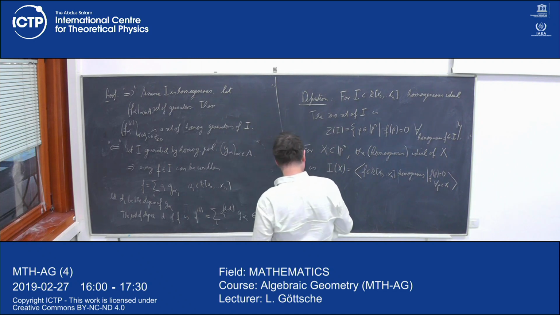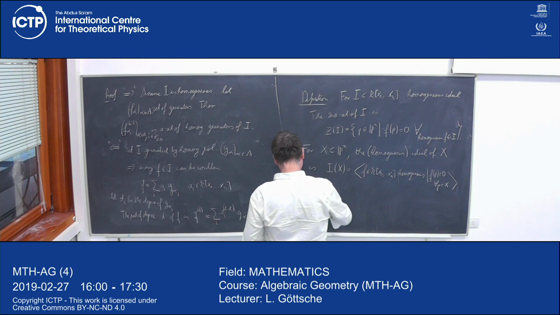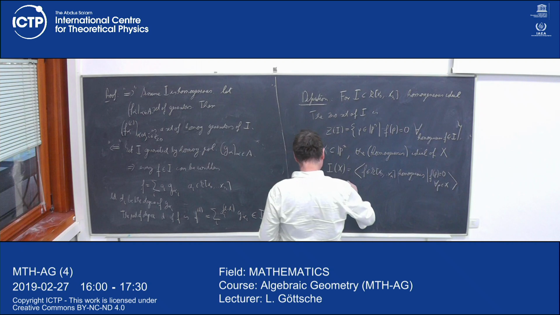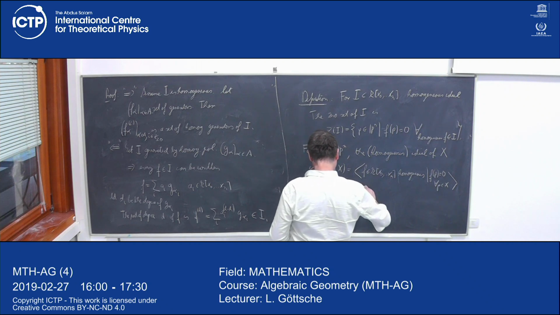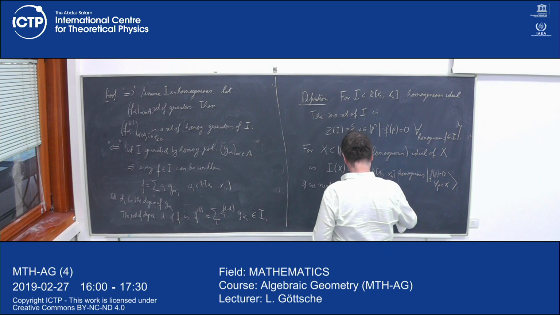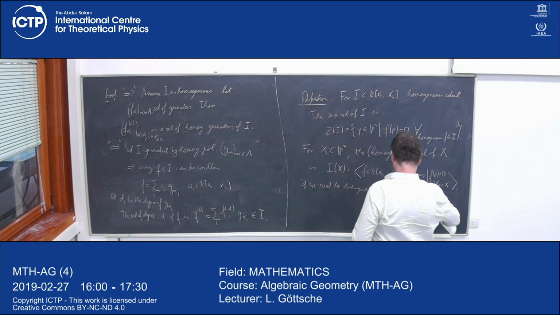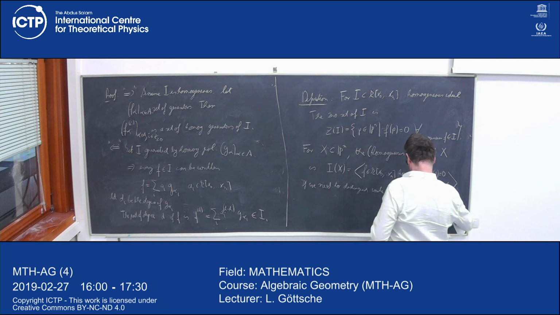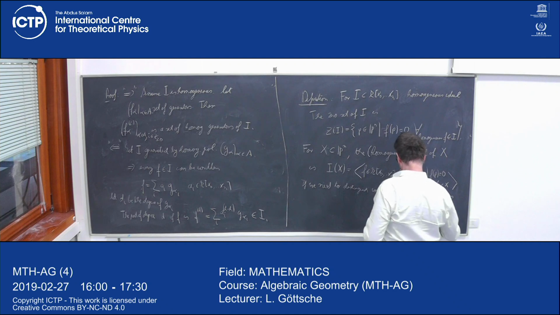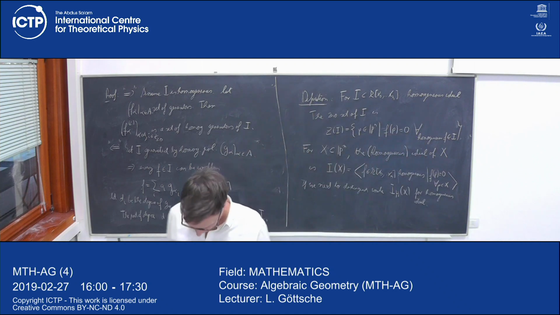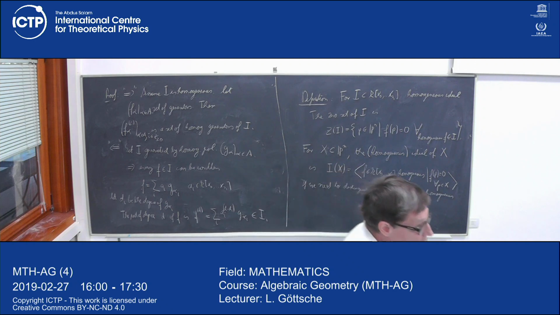So if we need to distinguish, we write I^h(X) for the homogeneous ideal. Okay, so we have really not done anything at all, but just introduced these words.